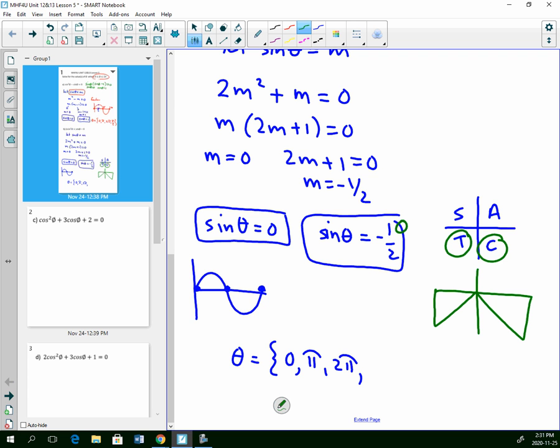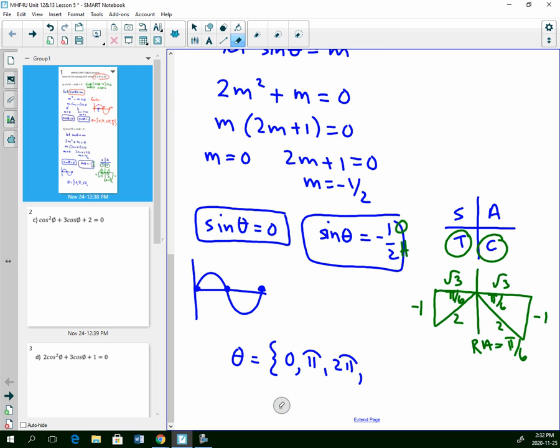Sine is opposite over hypotenuse, so negative 1 goes there. Then I have to figure out the related angle. If this is negative 1, this side is root 3, so that makes my related angle pi over 6. Pi over 6 is always next to the root 3.